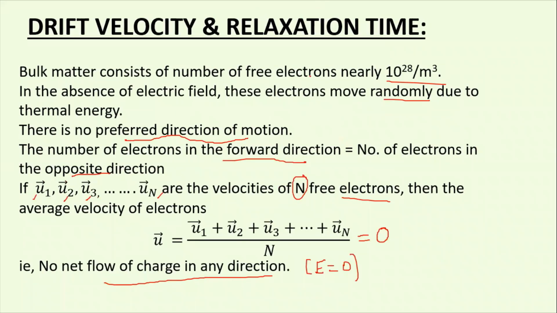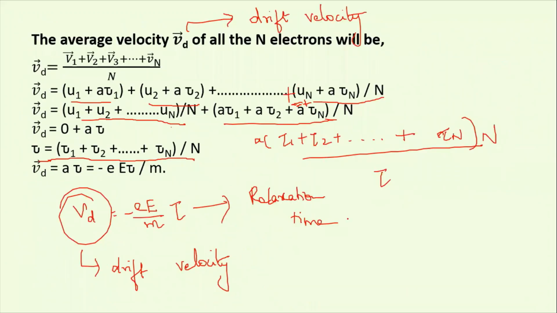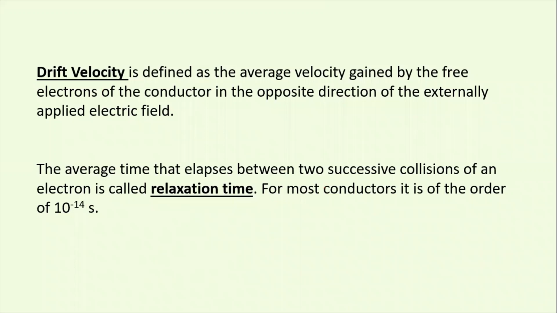Relation between drift velocity and relaxation time. உங்ககிட்ட questionல derive the relation between drift velocity and relaxation time கேட்டா நீங்க இது வரைக்கும் எழுதினா போதும். vd is equal to minus e by m into tau, where vd என்னது, tau என்னது எழுதிக்கணும்.